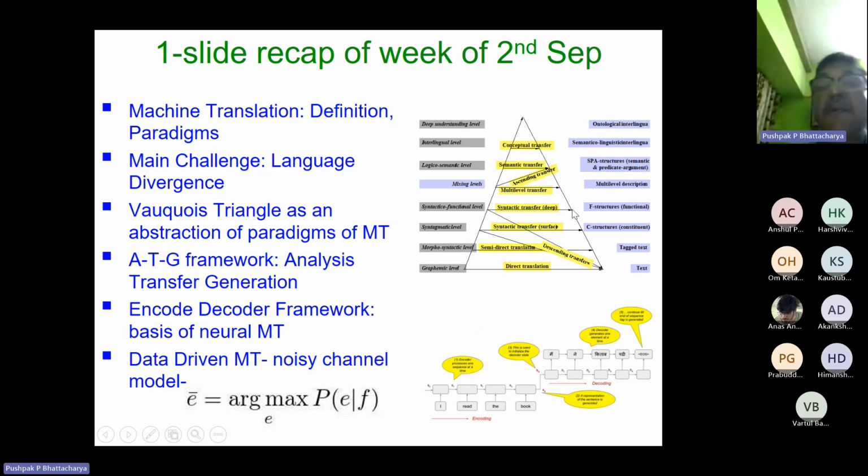Now, all of us should remember that the Vauquois triangle is relevant even in the context of LLMs and generative AI. LLMs and generative AI are very successful in terms of natural language generation. So the LLM generative capability should be used on the right-hand side of the Vauquois triangle.